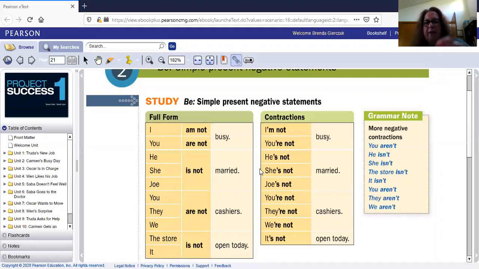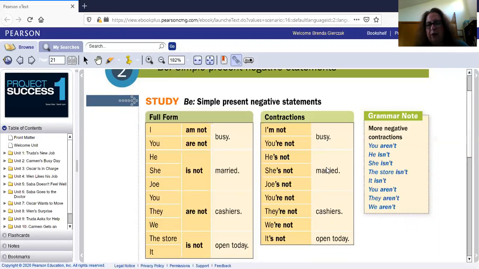Let's take the "am not" and turn all of these into contractions. Remember, a contraction is when two words are pushed together, a letter is missing, and there's an apostrophe inside of it. So: I'm not busy. You're not busy. He's not married. She's not married. Joe's not married.